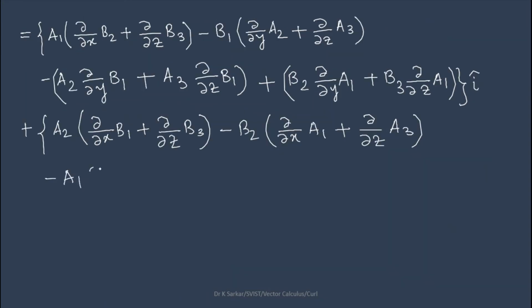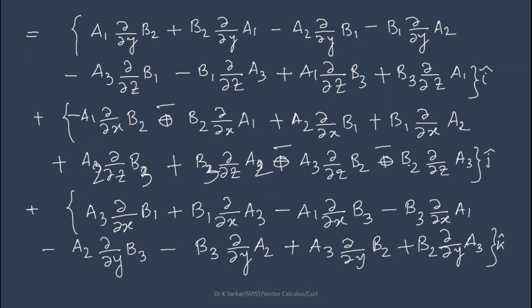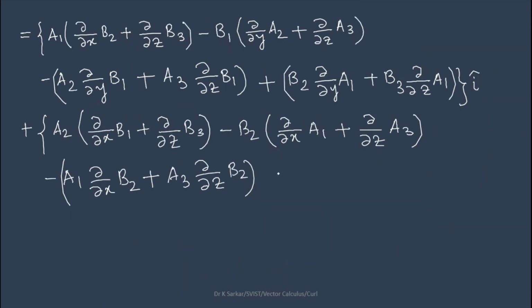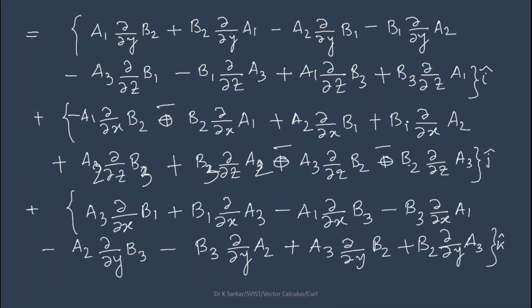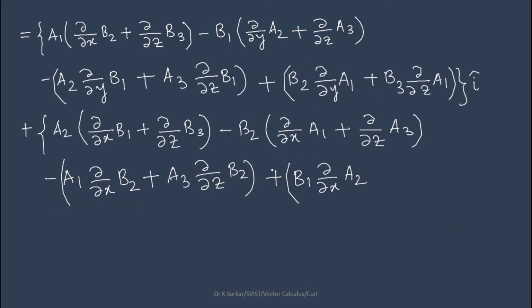Minus A1 del/del x B2 plus A3 del/del z B2. Then the remaining two terms: B1 del/del x A2 plus B1 del/del x A2. Another term, this one: B3 del/del z A2 plus B3 del/del z A2.